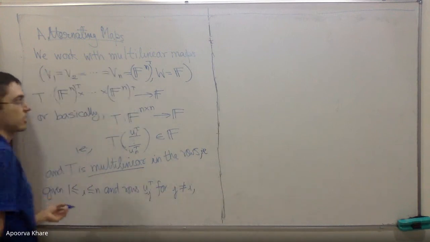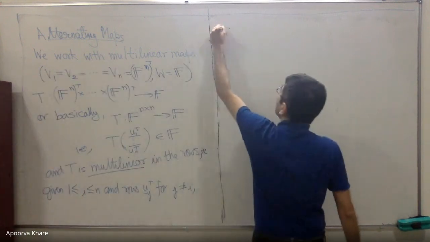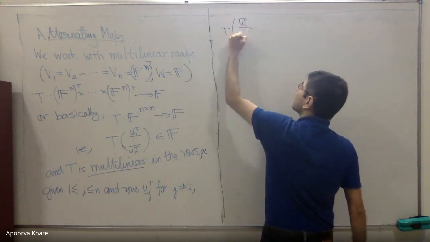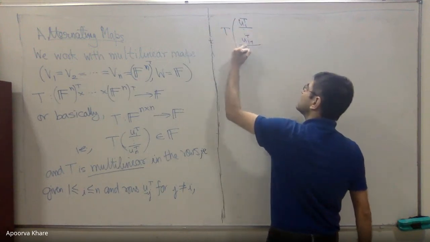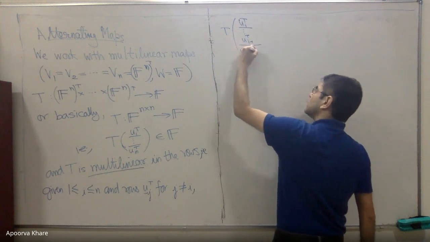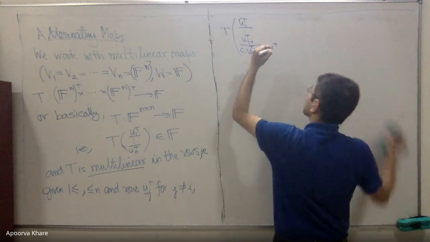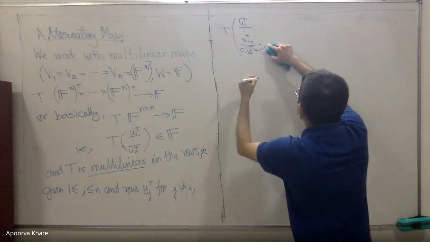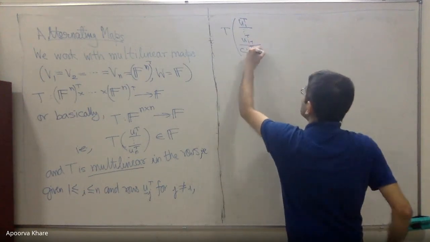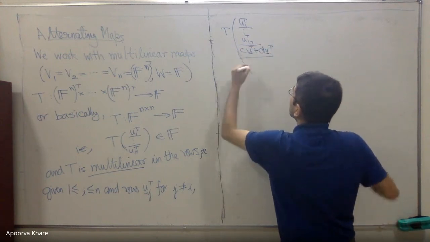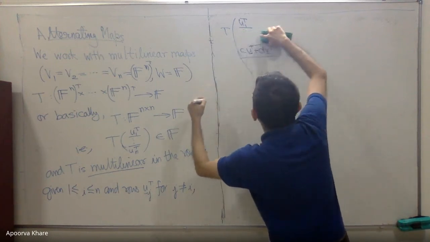We have the condition, right? We have T of u1 transpose, ..., u(i-1) transpose, and then let's say c u plus c' u' transpose. Let's call this v, so I don't have to write prime. c u plus b v transpose. Right? Let's create some space.